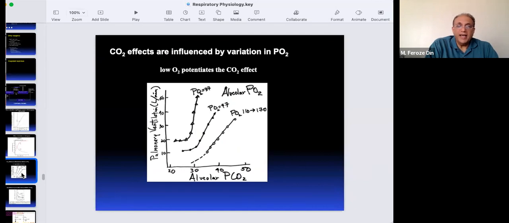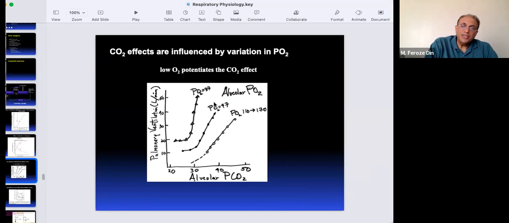Carbon dioxide and oxygen affect each other. If you look at this graph of ventilation with alveolar carbon dioxide, let's look at when the oxygen is 110, and you find that, yes, it is proportional.